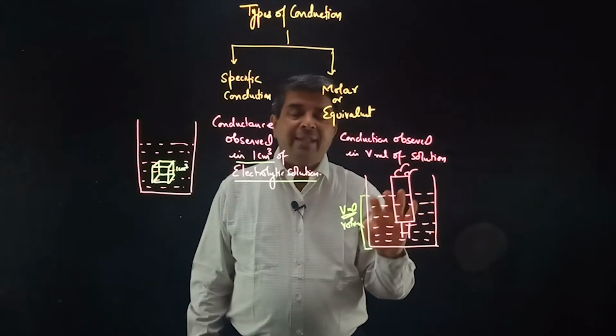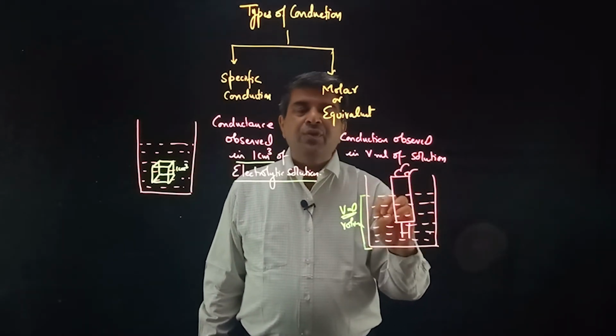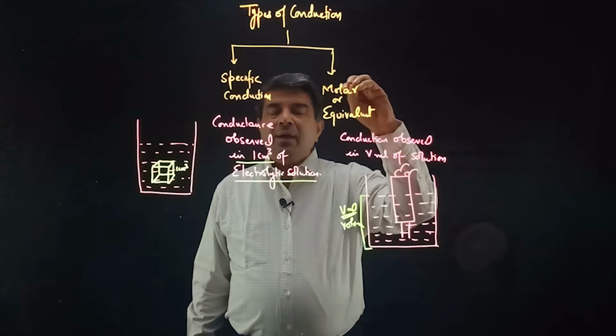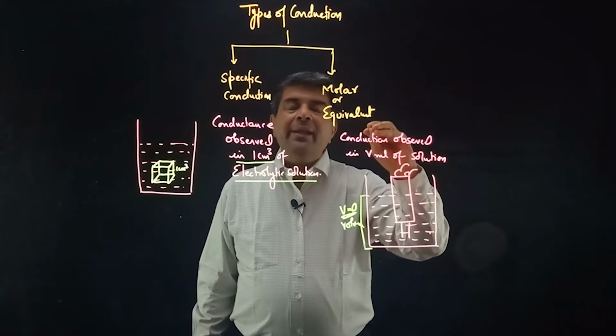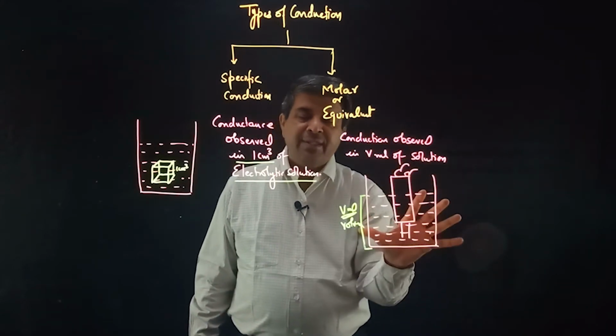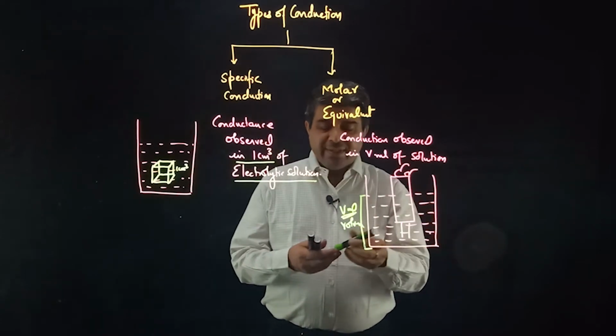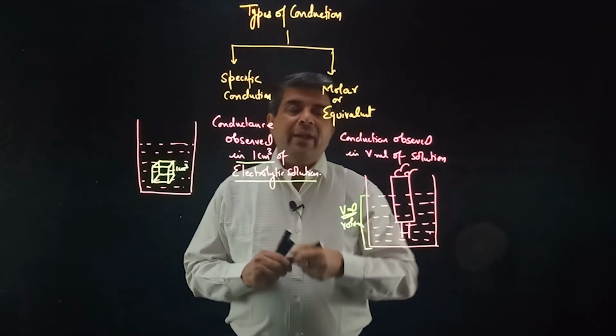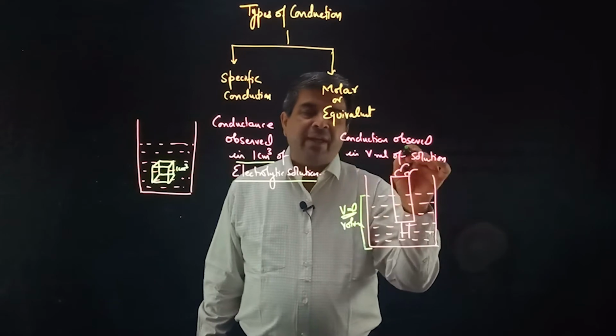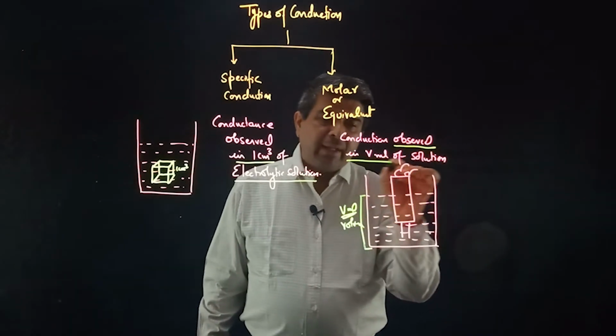The total ions that are present in this solution would contribute to the molar or equivalent conductivity of this solution. So this is the basic difference between molar conductivity and specific conductivity.